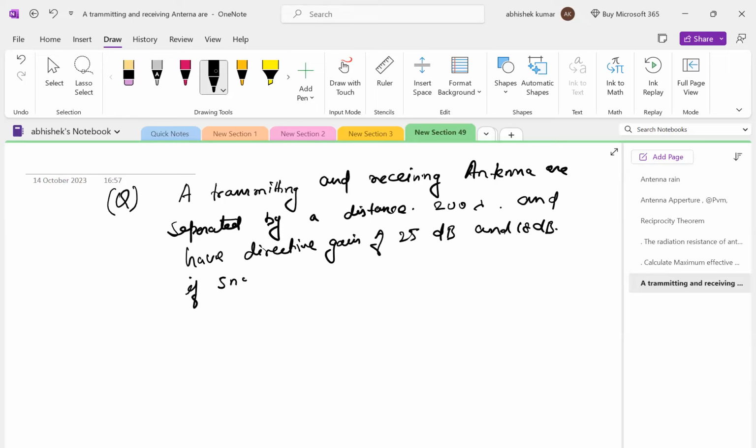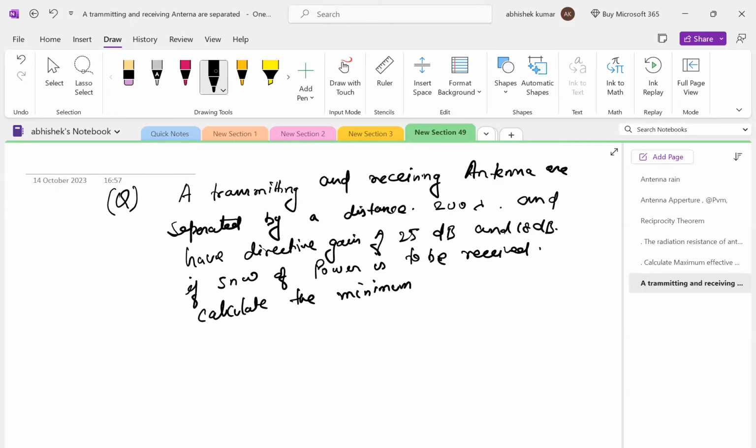If 5 nanowatt of power is to be received, calculate the minimum transmitted power. Okay, you have to find the minimum transmitted power.